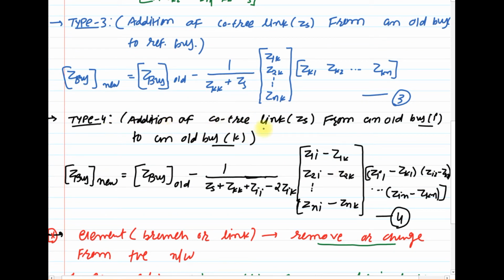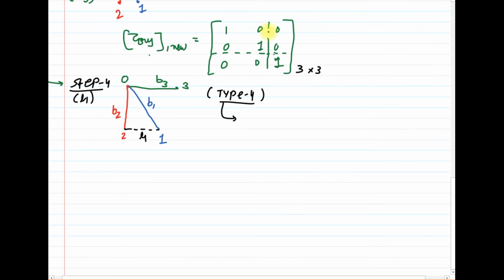Addition of co-tree link ZS from an old bus I to an old bus K, and this is the modification equation which you are going to apply to solve for link 1.